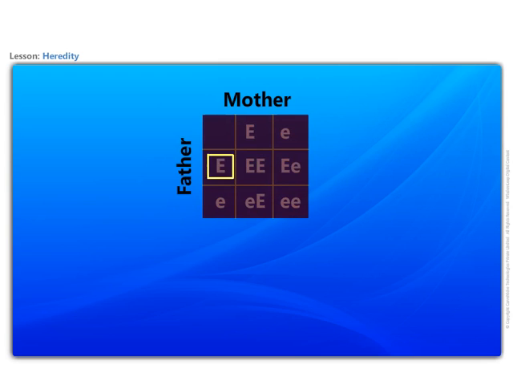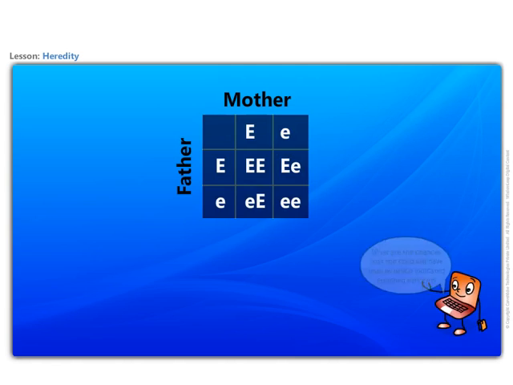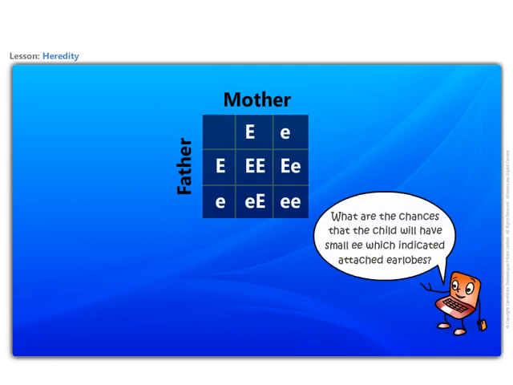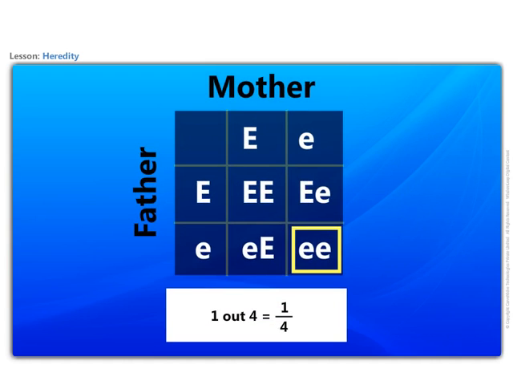If a capital E sperm meets a small e egg, then the fertilized egg will be capital E small e, and the child will have free hanging earlobes like its parents. What are the chances that the child will have small e small e, which indicates attached earlobes? Yes, 1 in 4.